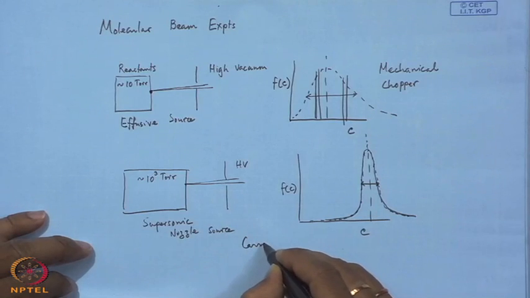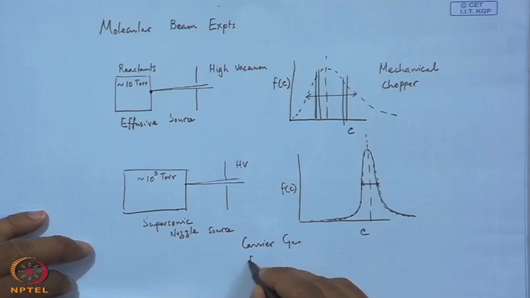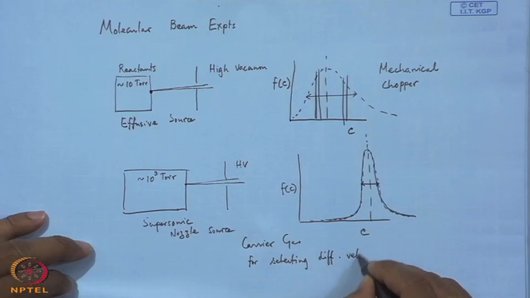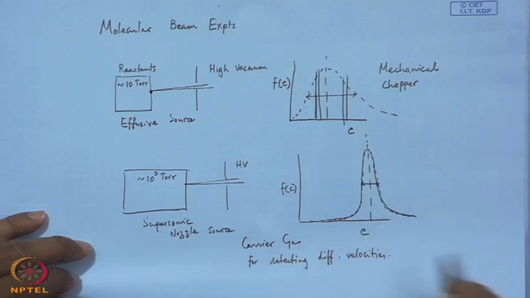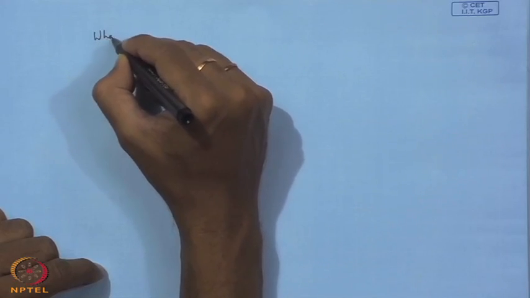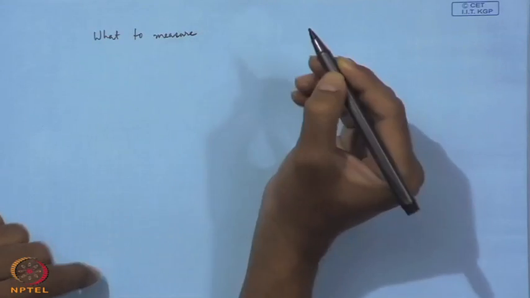Here you have to use carrier gas for selecting different velocities. So, what are you going to measure? What can be measured?